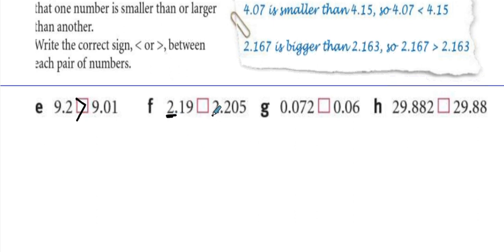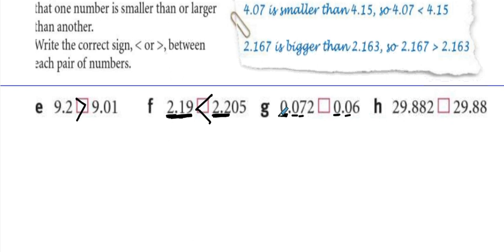2, the first digit is the same. Move to the next digit, you get 2.1. Here you get 2.2. So 2.1 is smaller than 2.2. Okay, come here. You have 0, 0, 0.0, 0.0, same thing.